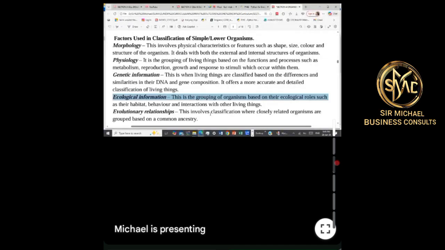But per the ecological, we will take the habitat where they live, and then their feeding relationship as well, the food chain. For example, when you take the ecosystem, we have producers, consumers, decomposers, and so on. With that, you can separate organisms that might look alike but live very differently.